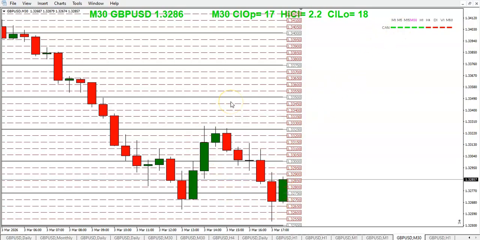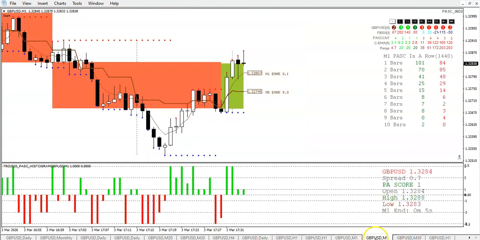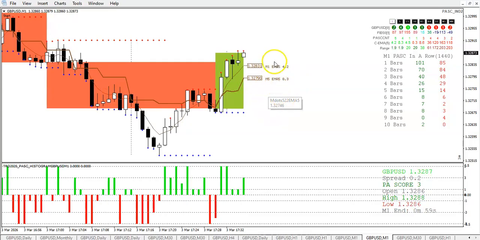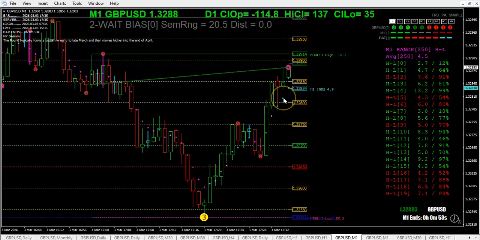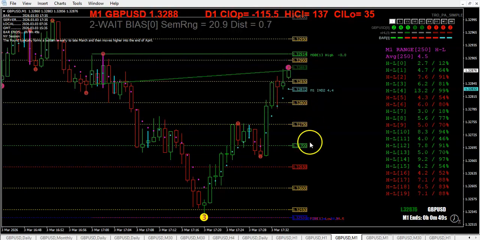Actually, this is a clean chart other than just having the sweet spot lines every 5. So, not even indicator 2 on this chart. But here we've got indicator 2 from M1 and M5. And indicator 2 is just the EMA 5, but the actual one, it's dots and it colors if price is above or below.